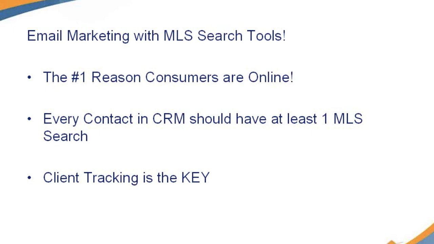But with regards to real estate, people go online looking for property listing information. It's the number one reason consumers go online for real estate-related content. Therefore, we have tools on your website to cater to that need. We have the whole MLS, right? People can go on your website and search for properties that they're looking for.